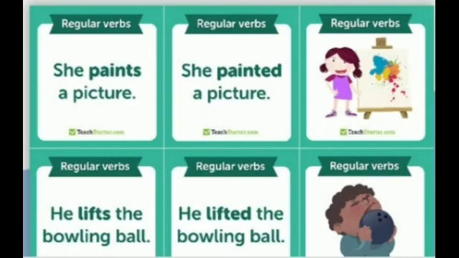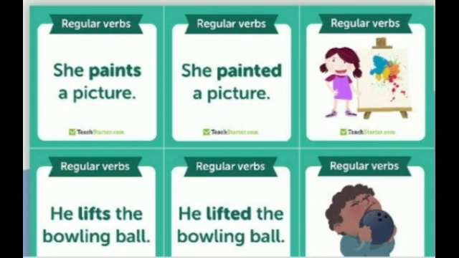We'll see some sentences with regular and irregular verbs. Regular verbs: she paints a picture, and in past tense it becomes she painted a picture. Then a regular verb in present tense, he lifts the bowling ball.